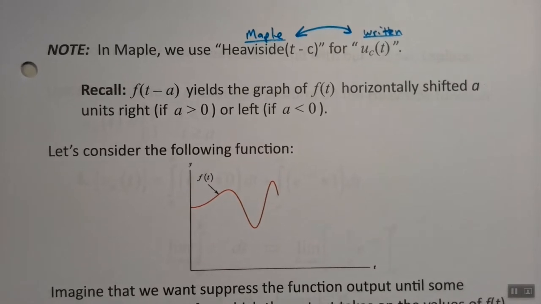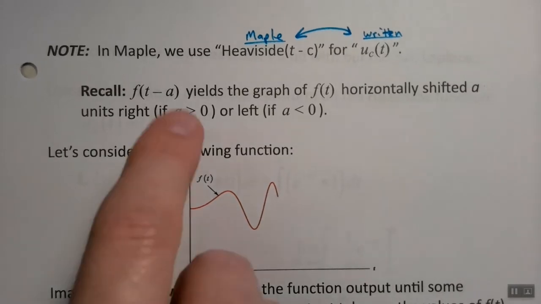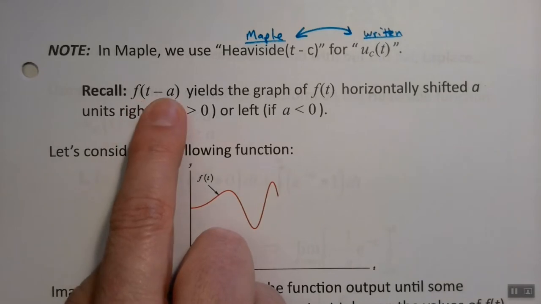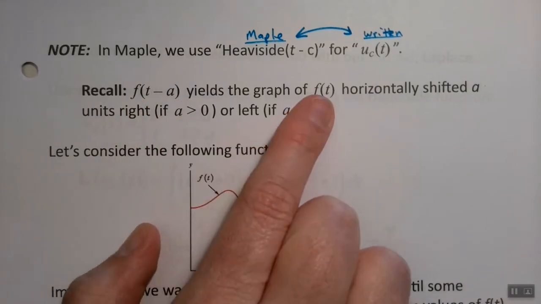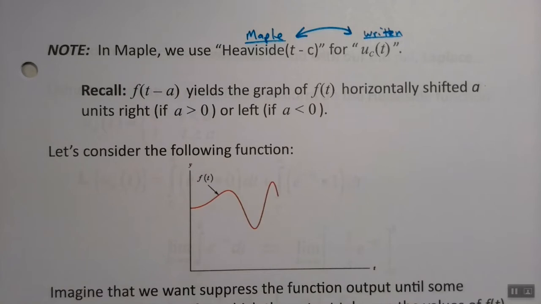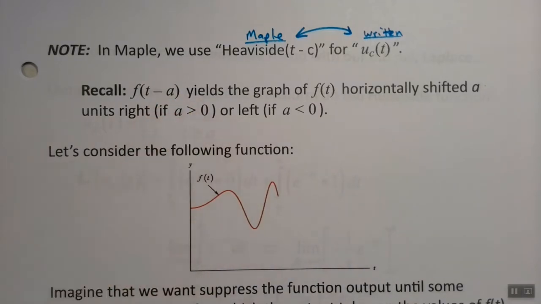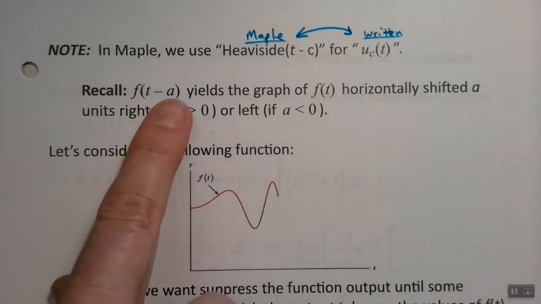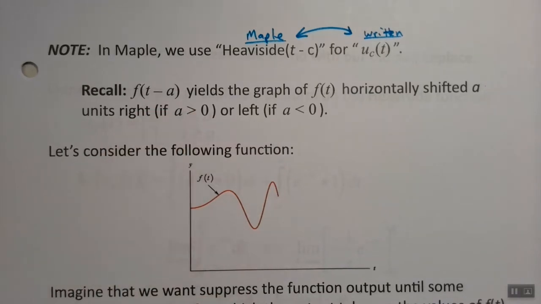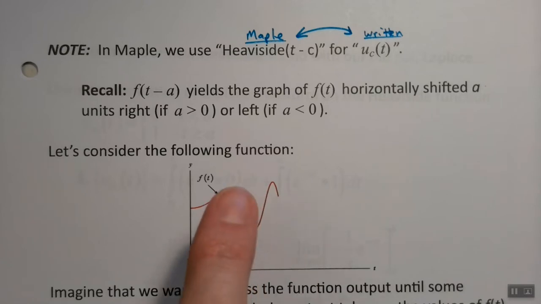So a little bit of a recollection from our pre-calc days, that if we plug in t minus a into a function, you're essentially taking the graph of f of t and horizontally shifting it. And if a is a positive value inside here, then you're shifting it to the right. And if a is negative, you're shifting it to the left. So I want to be able to take a graph of a known function and shift it one direction or another.